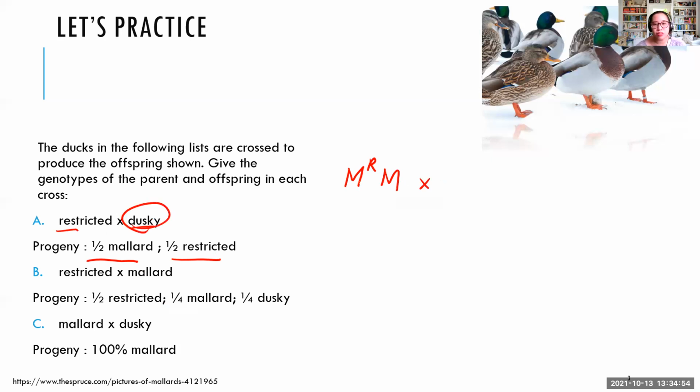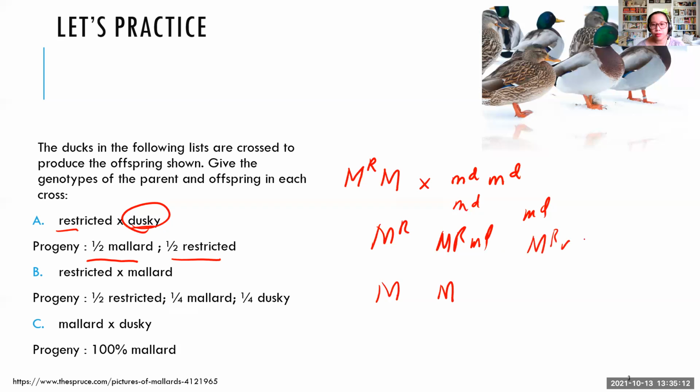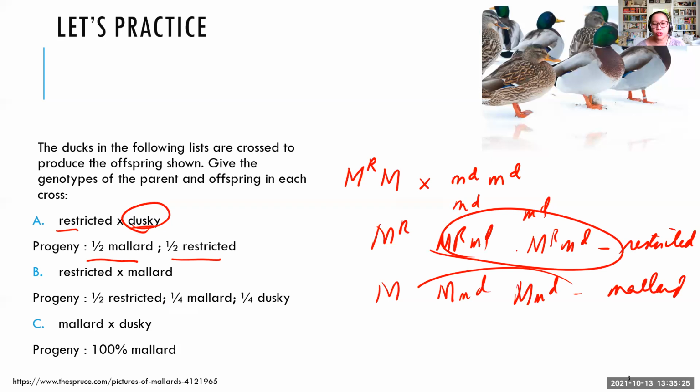Remember that a dusky is recessive, so that's very easy. This is dusky. If you do the Punnett square, anything with M superscript R is restricted, and anything with M will be mallard. So that's correct. One half restricted, or 2 out of 4, and one half mallard, 2 out of 4. All right, so you got that.